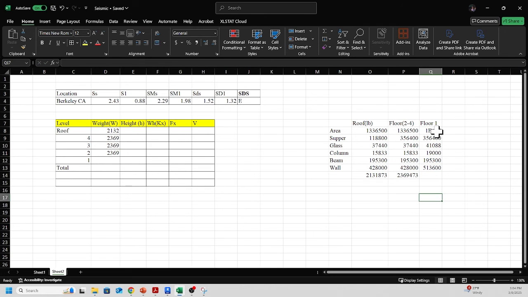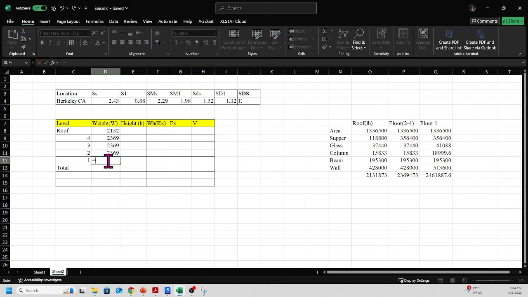All right, let's add this up. Okay, so this one is going to be equal to this number divided by 1000. Enter. Let's sum this right here.